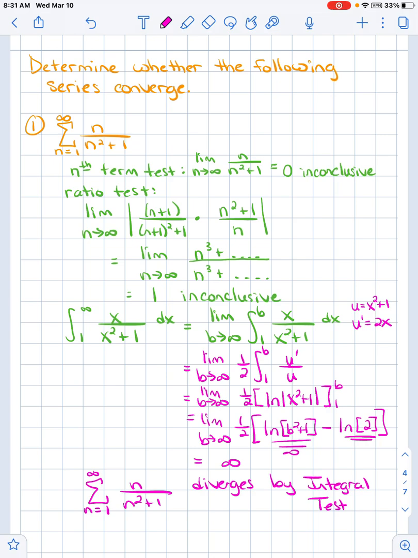I messed up in that I didn't go through the process of showing that this was all positive and certainly decreasing. But let's look at that really quickly now, because that's something you have to check before you can just jump into this integral test. So first of all, we know that all terms are positive because n starts with 1 and the numerator is n, so always positive. The denominator is n squared plus 1, always positive. So already we can see that this is a positive series.